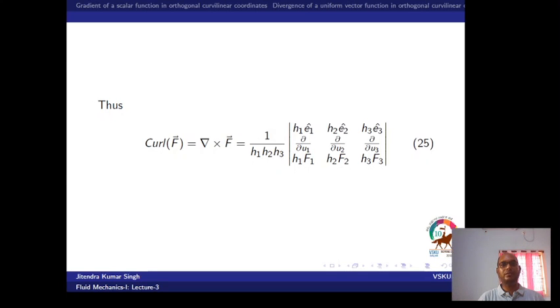Firstly, we shall show that those coordinate systems are orthogonal curvilinear coordinate systems. Then we shall find out the gradient, divergence and curl of vectors in those systems. We shall also find out the arc length, the sides of the elementary parallelepiped, surface areas and volume of the elementary parallelepiped in those systems.